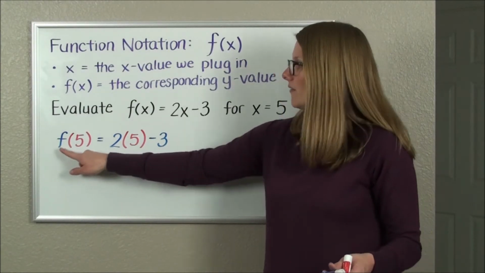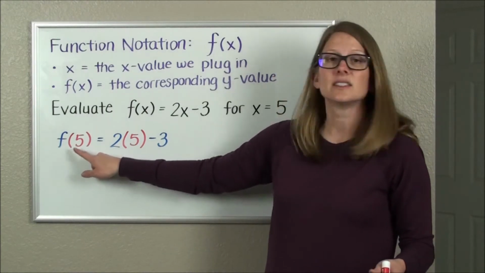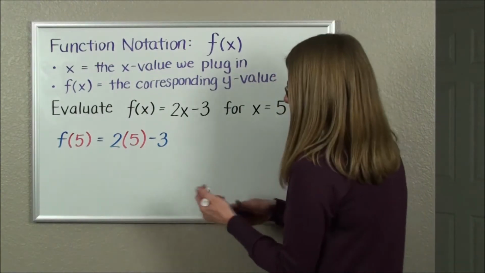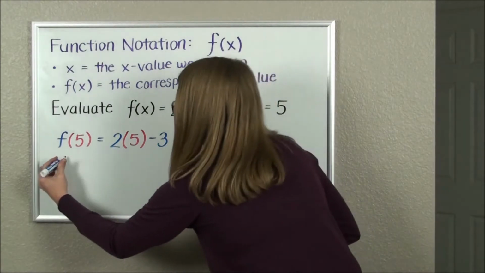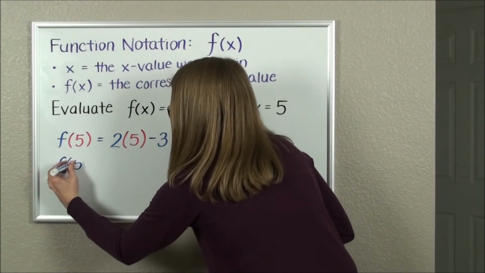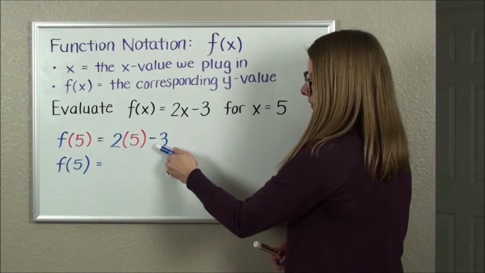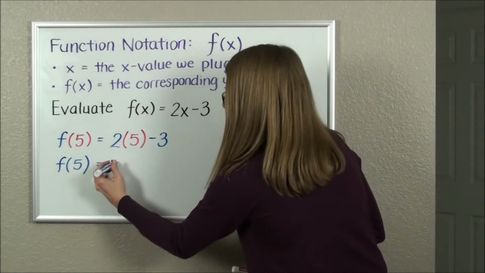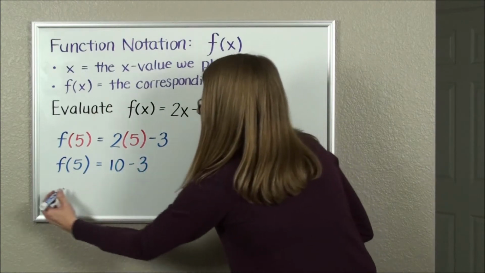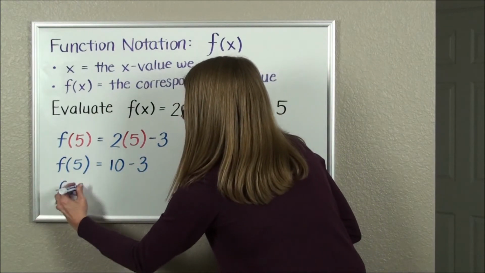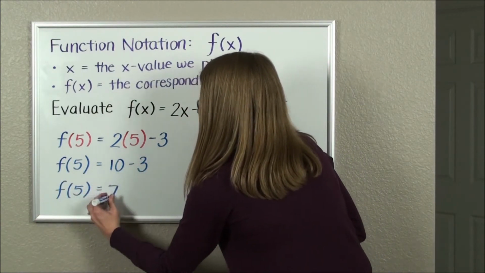This means the value of y when x is 5. So the value of y when x is 5, we can find by doing this arithmetic here. So again, multiply before you subtract. 2 times 5 is 10. And then 10 minus 3 will tell us that f of 5 is 7.